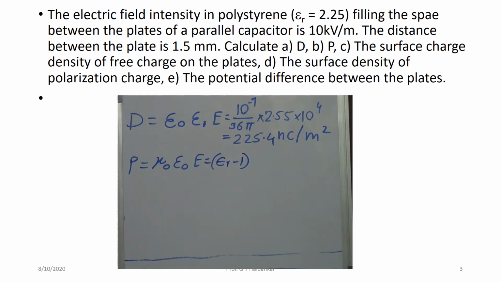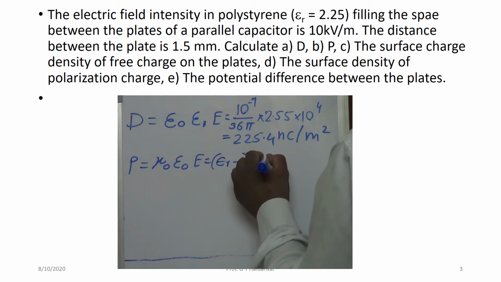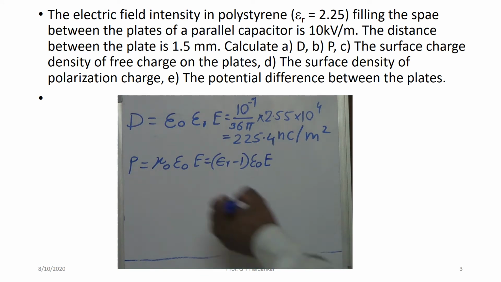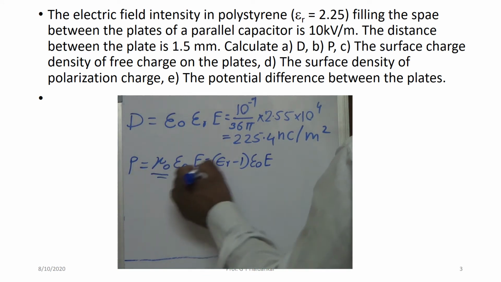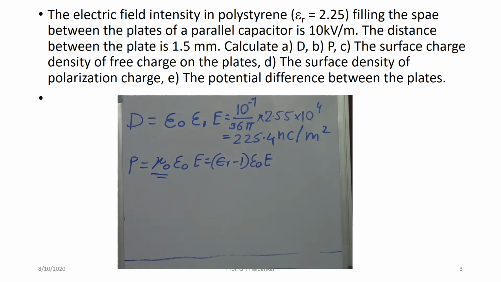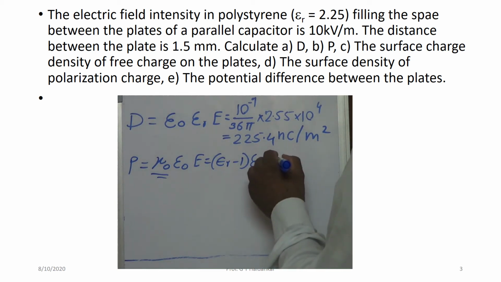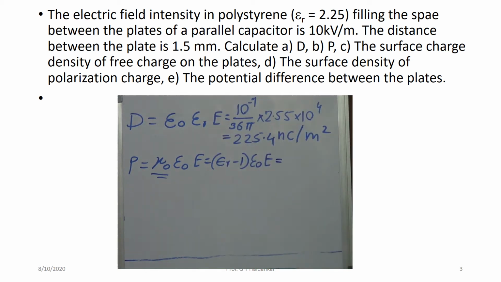Epsilon r minus 1 into epsilon 0, so this is the formula, into E. So you will get, again you put epsilon 0 is equal to 10 raised to minus 9 divided by 36 pi. So we will get 137 nanocoulomb per meter square.